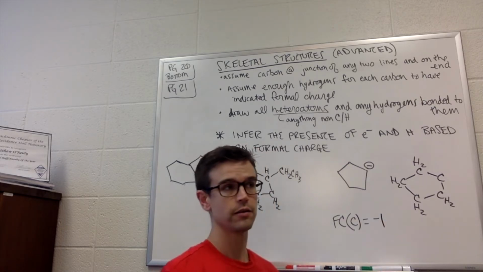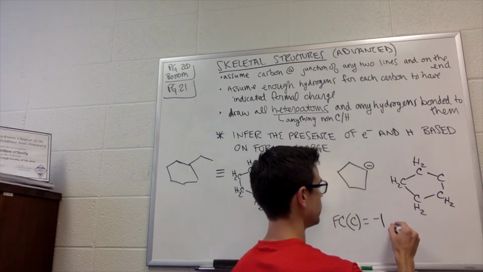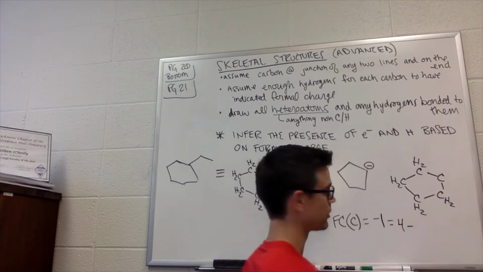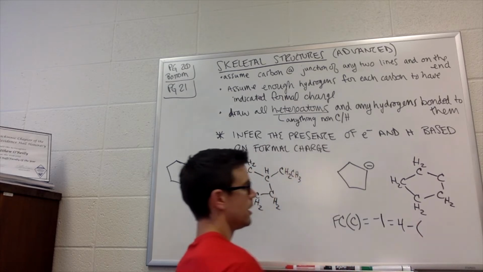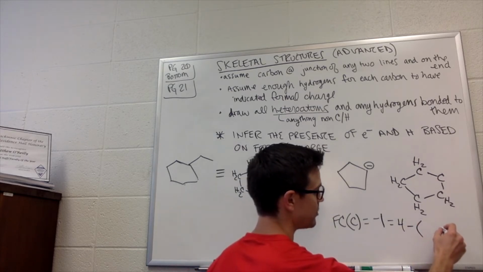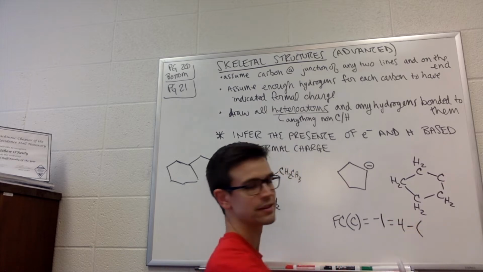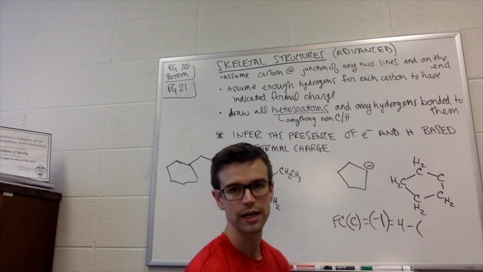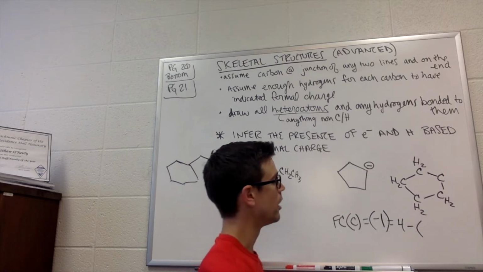Carbon's group is 4, so that's its number of valence electrons, minus, essentially, this number has to be 5, right? 4 minus 5 is -1. And we know that the formal charge on that position is -1.